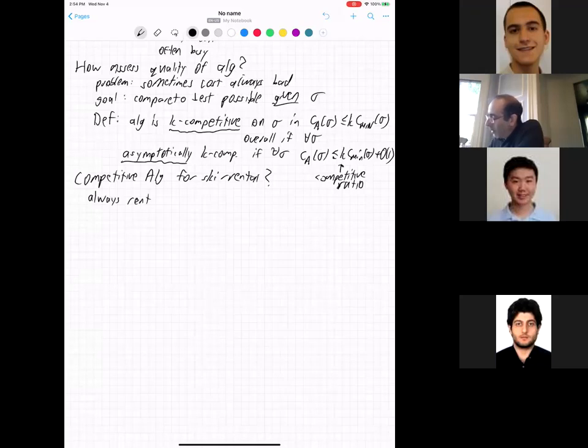When the number of times you ski goes up, the optimum would be T, but the actual cost would go to infinity. Exactly. So the problem with always renting is that I'm going to end up spending an infinite amount of money, whereas opt is at worst going to spend T by buying skis, right? So this is not a competitive algorithm.